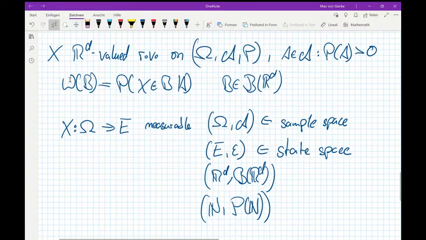So this W has nothing to do with, well, it has indirectly something to do with this measurable space, because this P is this measure defined on this space, but this W cannot measure elements of this sigma field.